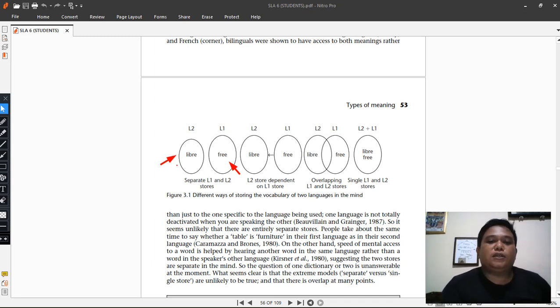And this is the overlapping L1 and L2 store. See, you still have different stores for the second language and the first language. However, they are overlapping each other. While with this one, you have only one store for both languages. This is a trouble, actually.